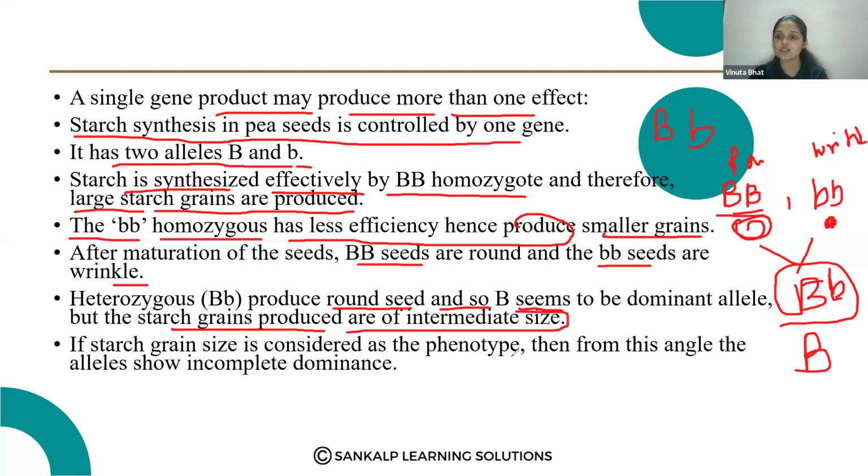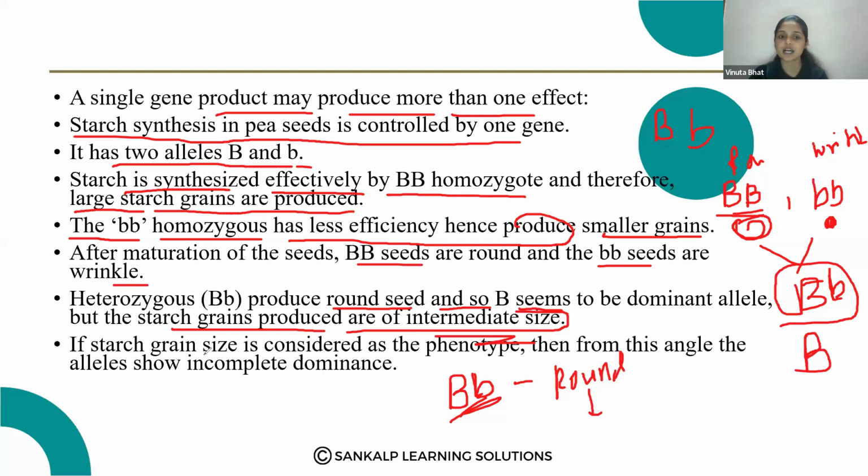So when it is crossed, the F1 or the heterozygote that contains capital B and small b, the seed is round only, but the starch synthesis is intermediate. Large starch grains should have been produced if B were fully dominant, but it also produces the smaller, intermediate starch grains.